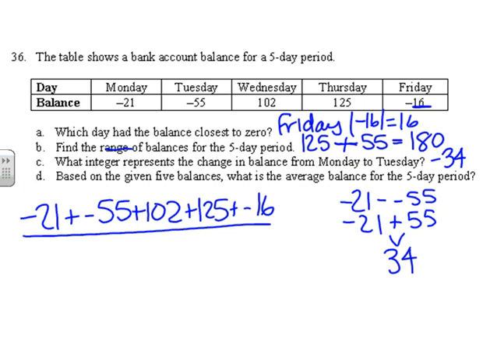And whatever we get for the sum, we're going to divide it by 5. So we're going to have negative 135 divided by 5. And that's going to give us an average balance of negative 27. Since we're talking about money, that would be dollars.